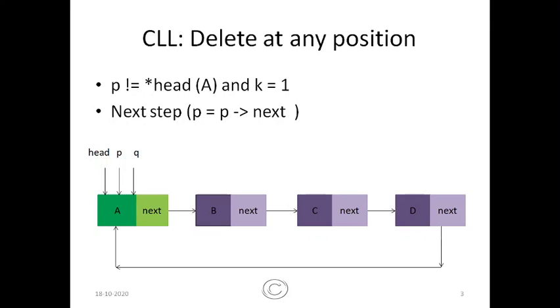P next will be not equal to head. So that will allow pointer P to traverse till the last node D. In the meantime we have to keep track of the previous node. So Q is the another pointer we have declared here along with head and P. So this will keep track of the previous node.